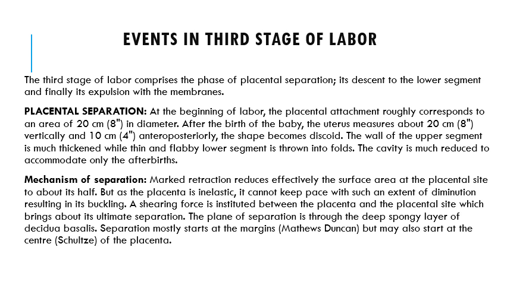The plane of separation is through the deep spongy layer of the decidua basalis. Separation mostly starts at the margins. This is known as the Matthews-Duncan separation, but it may also start at the center of the placenta, which is referred to as Schultze.